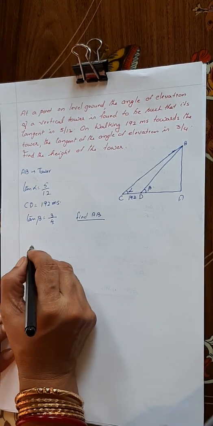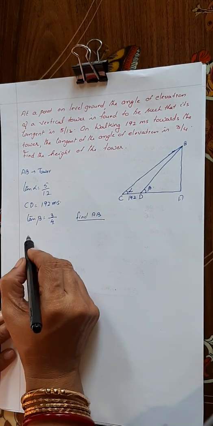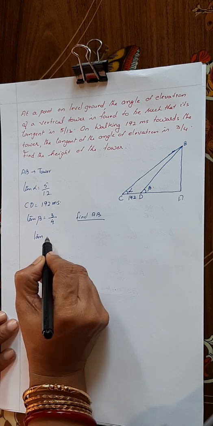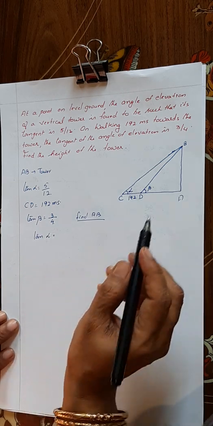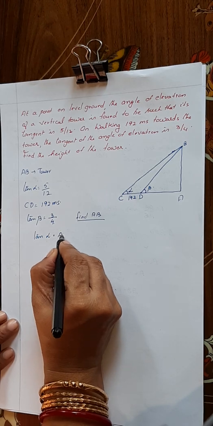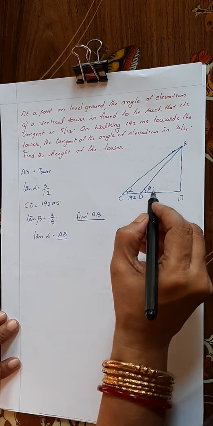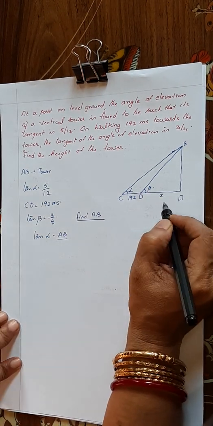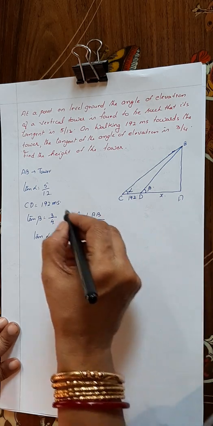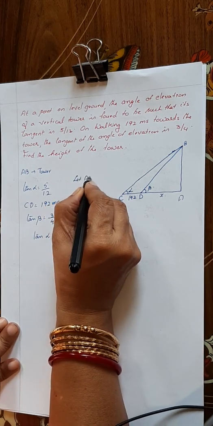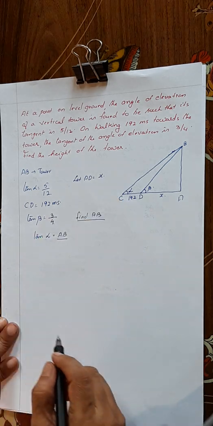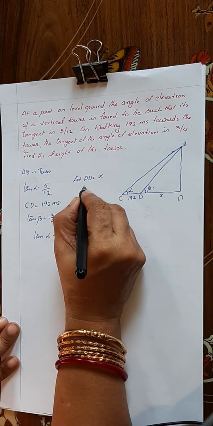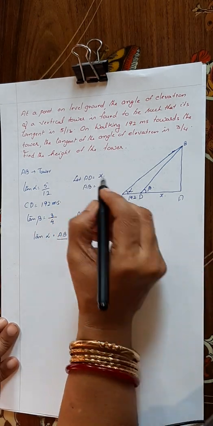So we will first start with it, it is similar to the previous problem. Tan alpha is equal to opposite side by adjacent side. Let us put AD as x, and AB is equal to h.